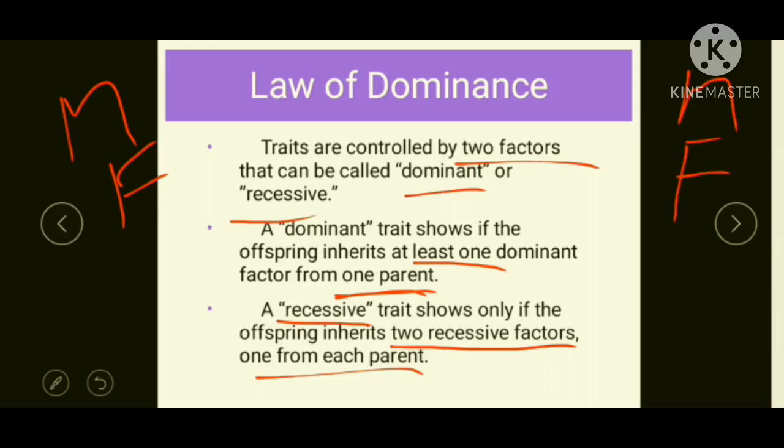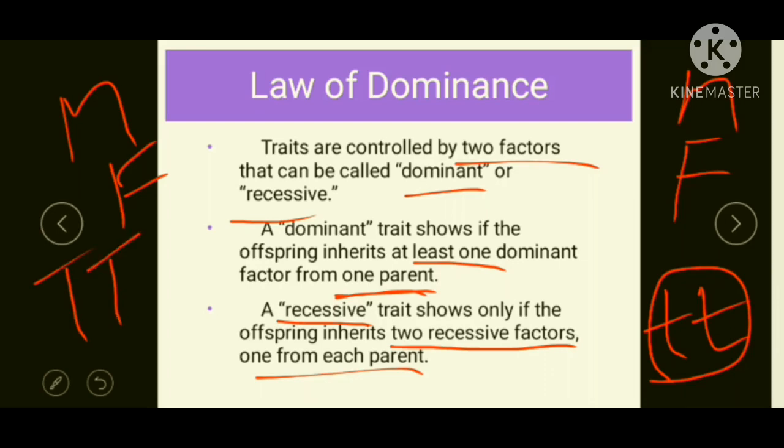That means, for example, for the character of plant height, when the trait is received as short from the father and short from the mother, we can say this trait is recessive. But when the trait inherits tall from the father and tall from the mother, we can say this trait is dominant.